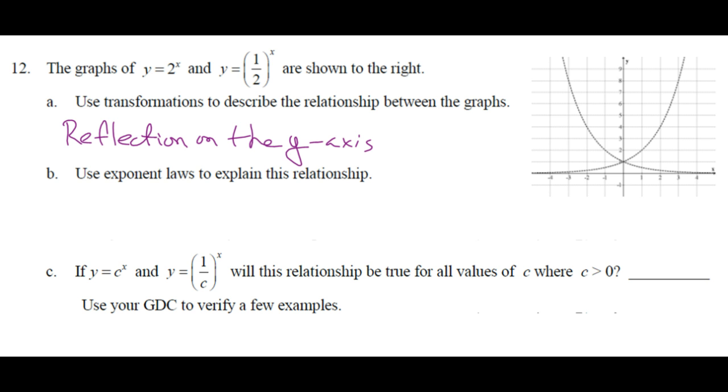So, what if we start with y equals 2 to the x, and we do a reflection in the y-axis. What does that mean? What gets replaced with what? x becomes negative x. Okay, so this is a reflection in the y-axis.